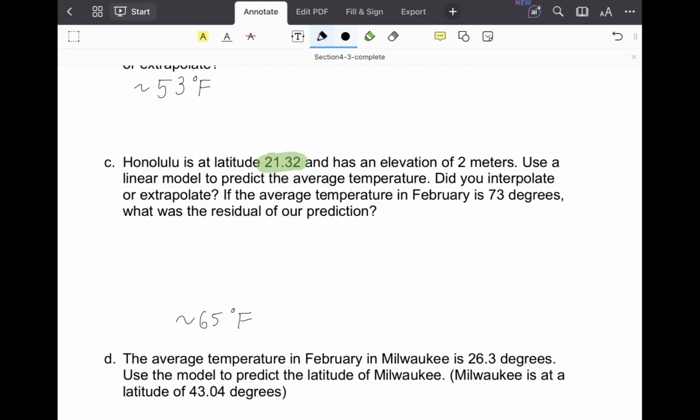So we would take 73, let me say just right here, residual. Take that 73 and subtract the 65. And it gives us a residual of 8 degrees Fahrenheit.